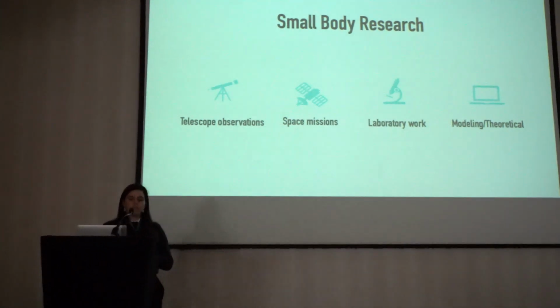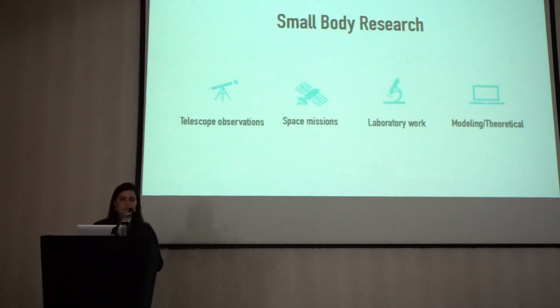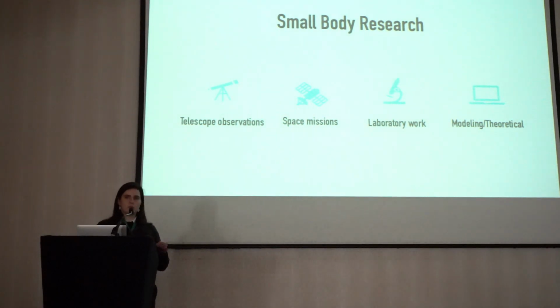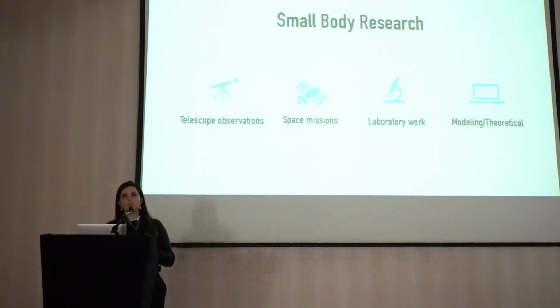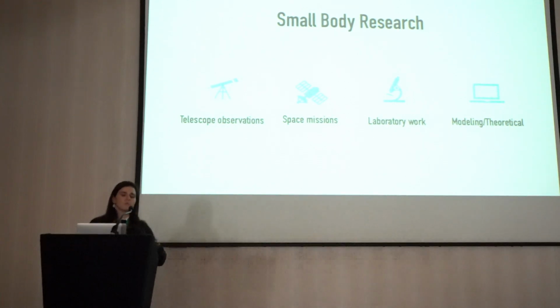My research so far has focused on telescope observations mainly, and also on spacecraft, and that's why this presentation will be slightly skewed in this direction, so that's my personal bias. On the other hand, I've tried to include points to consider, which would be hopefully interesting for many people in the audience, and that's why I've tried to make the talk broad and focusing on just a few examples to show the power of small body research.